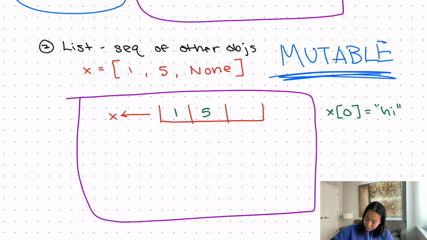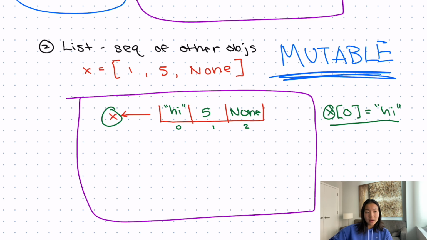So 1, 5, and none. Okay, when I do this, it's kind of like setting a variable. I go to x, I say, okay, give me the 0th index. So remember, this is 0, 1, 2. And I'm going to say, okay, now set that equal to hi. So I'm removing this, I'm taking it out of the bin, and then into the bin, I'm going to put hi.